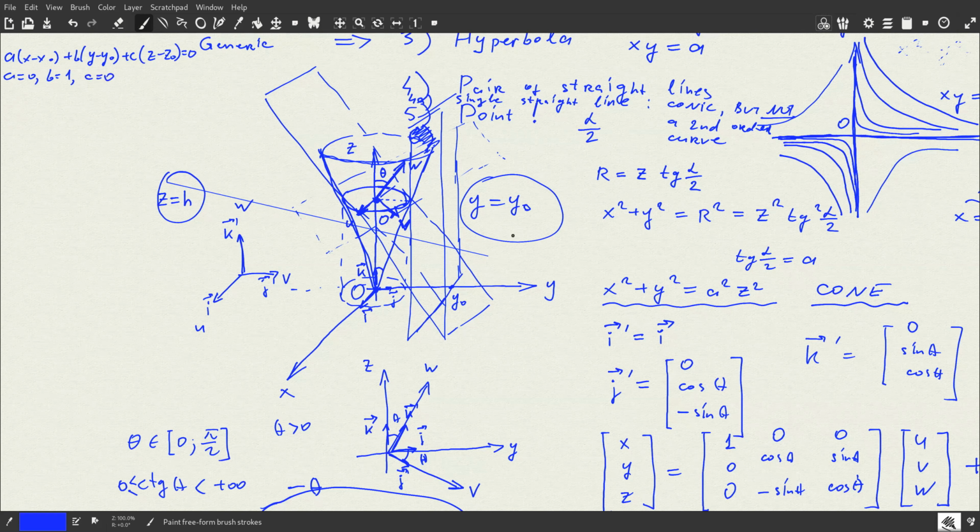This is a perfectly legitimate equation of a plane, from which obviously we get y equals y0. Vertical plane, parallel to the OX and OZ axes.